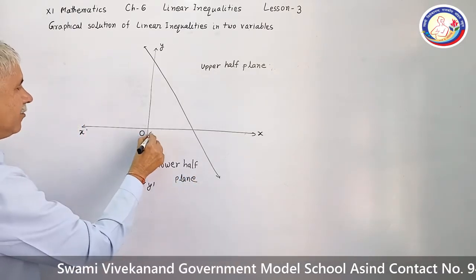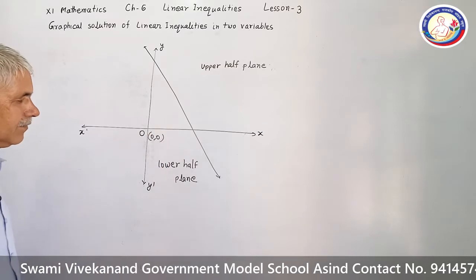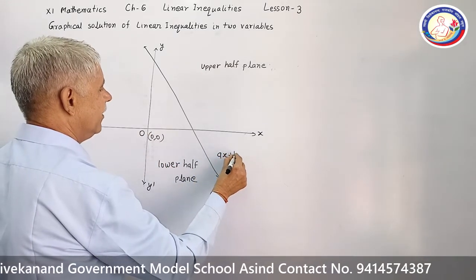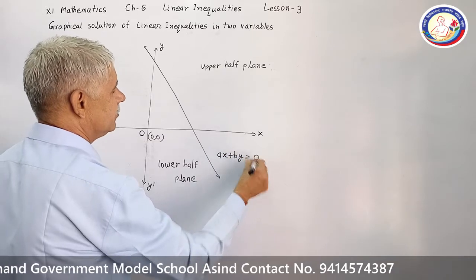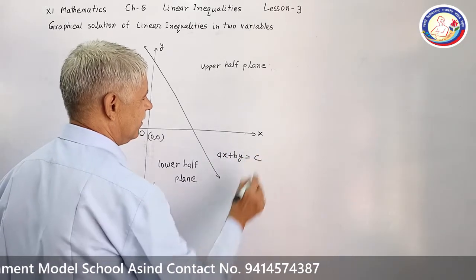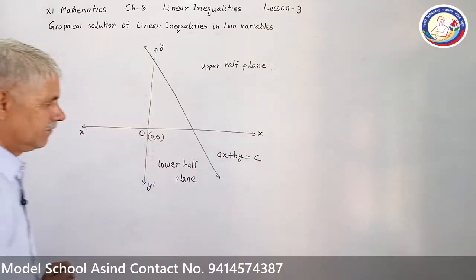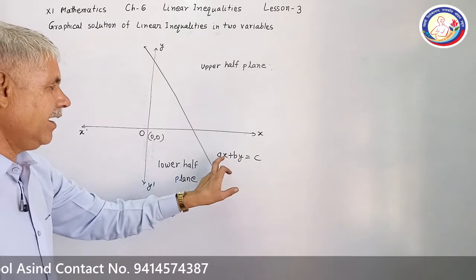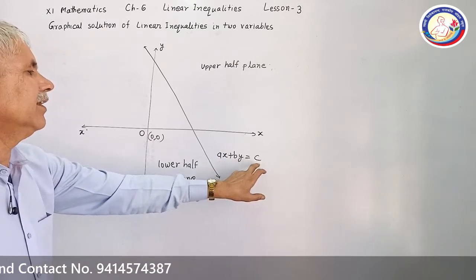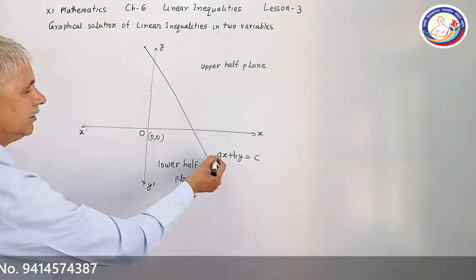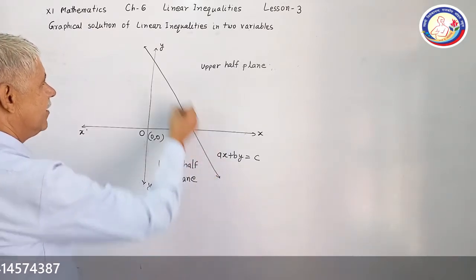The coordinates of O will be 0, 0. Say its equation is ax plus by equal to 0. Sorry. This is a general equation. If x and y satisfy the condition ax plus by equal to c, then this will be represented by this line.